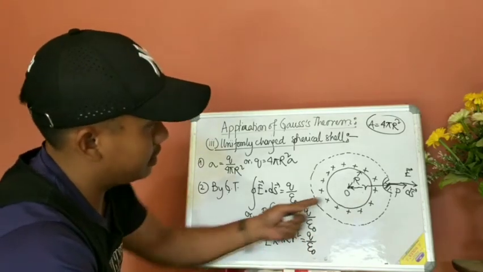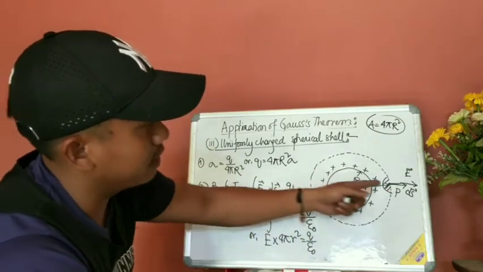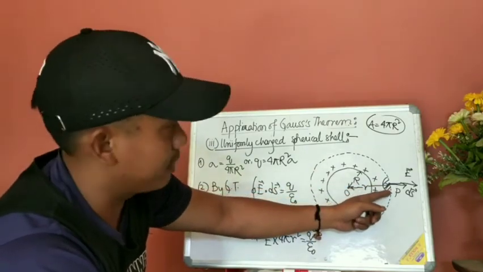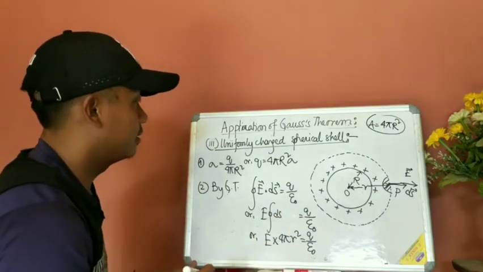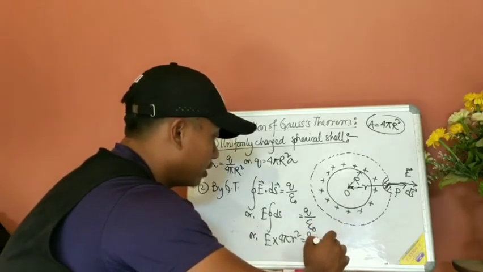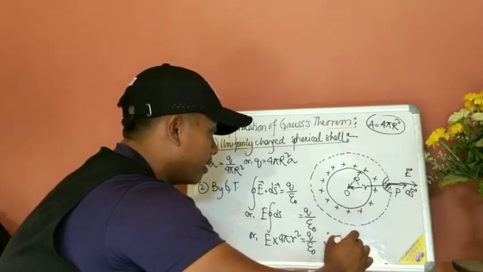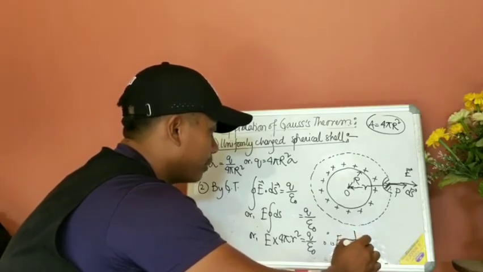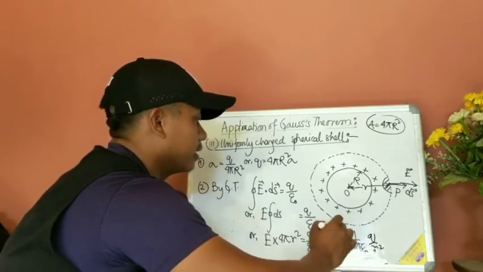Because the integral of ds represents the whole surface area of the outer sphere, 4 pi r square. Therefore E is equal to 1 by 4 pi epsilon naught q divided by r square.